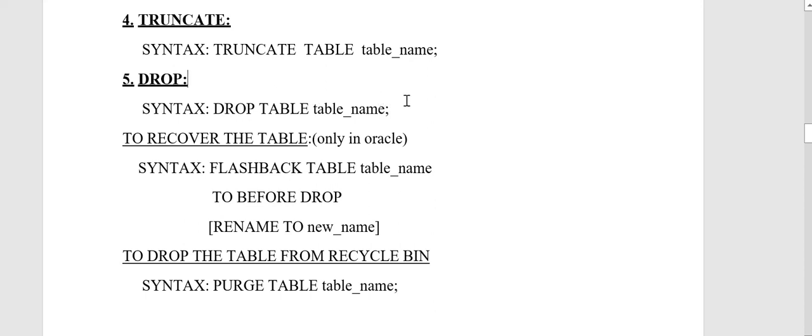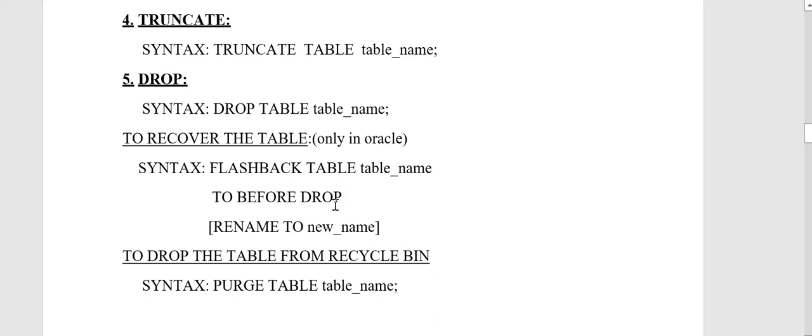The syntax of drop is drop table name. To recover the table, only in Oracle can we recover. The syntax is flashback table table name. Suppose, for example, I deleted the product table. I need to get it back: flashback table table name to before drop. It will get the table back.